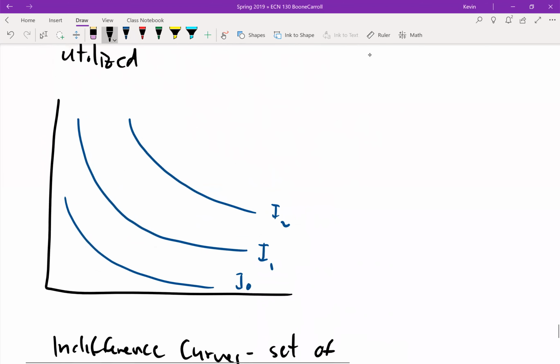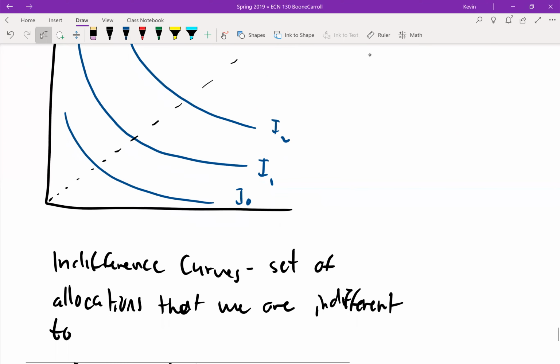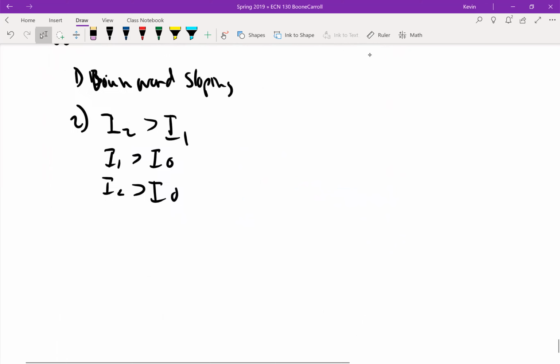So as we move out along these curves, if one is higher than another, we prefer that higher allocation or that higher indifference curve. In economics, and especially in our class, we hardly ever have the idea that less is more. For the most part, more is more. The more goods I can have, the better off I am, especially as a consumer.